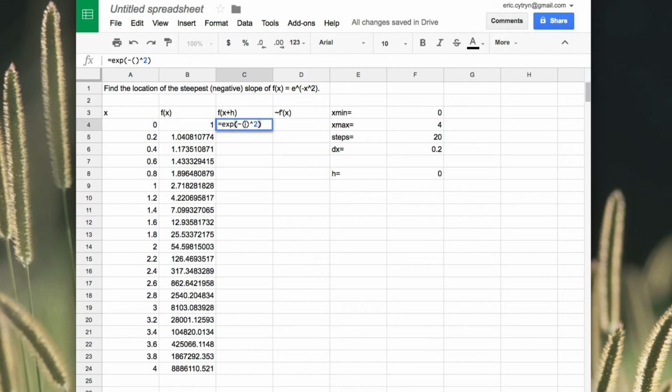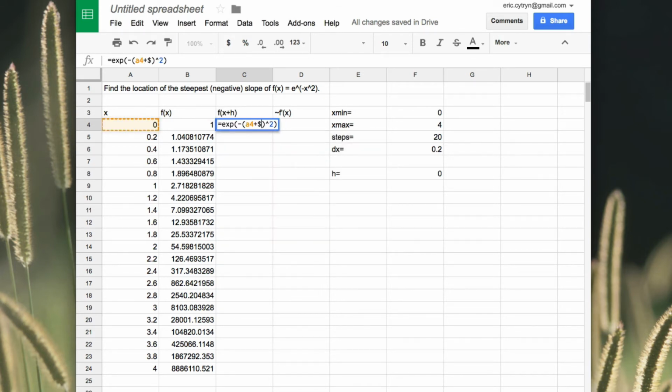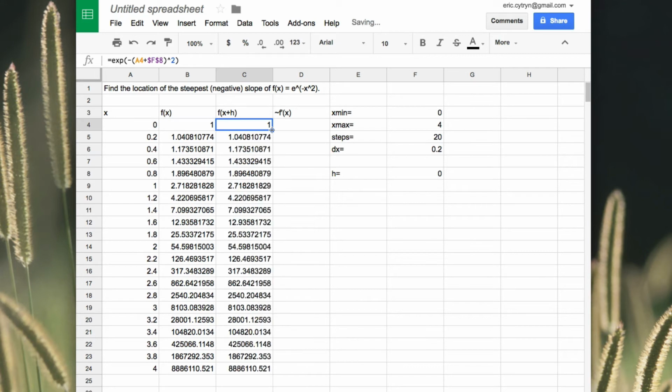And now in those brackets, we will have A4 plus $F$8. And that is the value of f at a very close neighboring point to x.